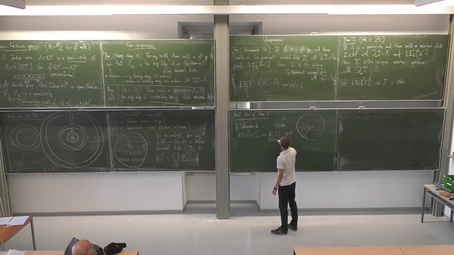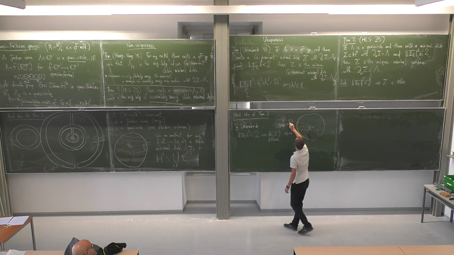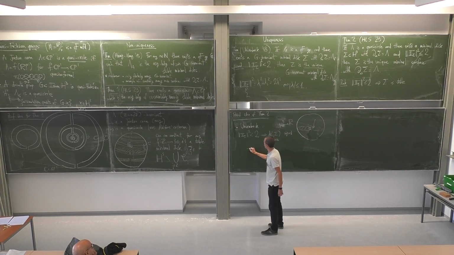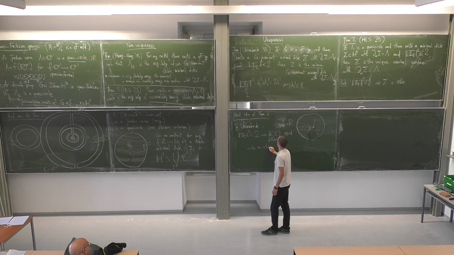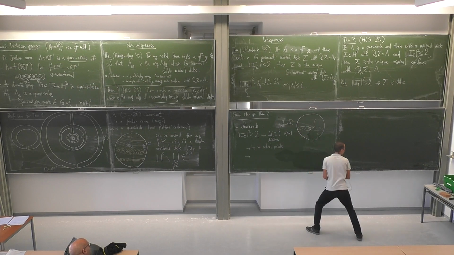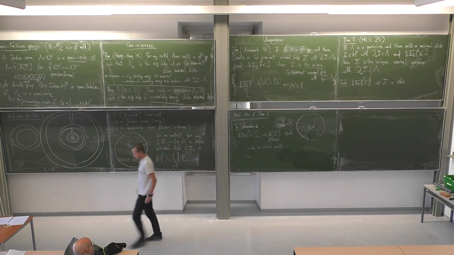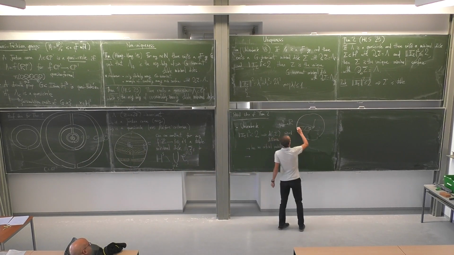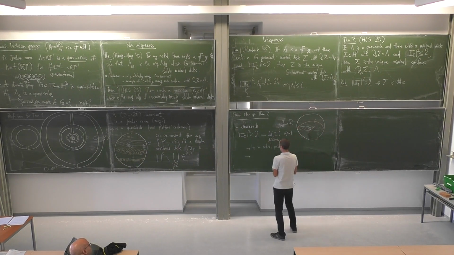This is a function from H3 to R, a sign distance from the surface. This one has no critical points. Okay. And moreover, if we look at its level sets, so this is an equidistant surface.